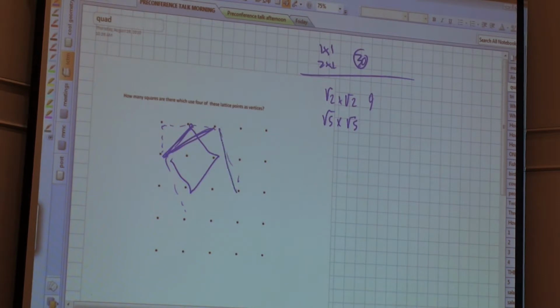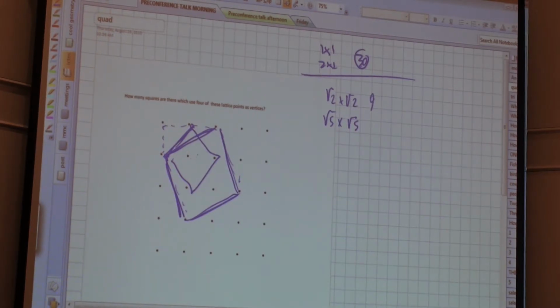You do a 1 by 2 with a slope of 1/2, or then you could go 2 by 1 with a slope of. Okay, you're going to get to 4.